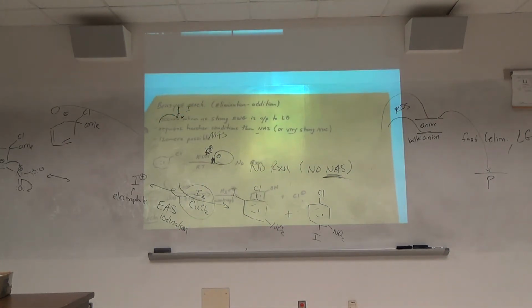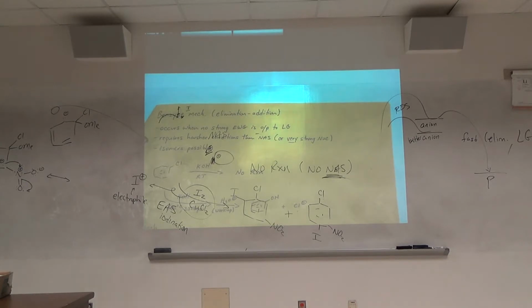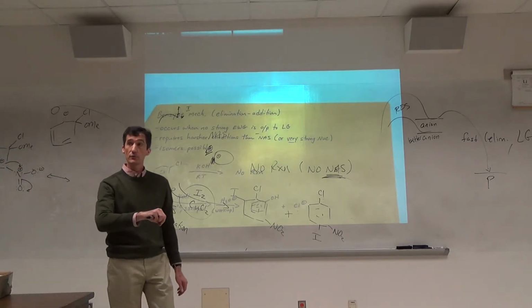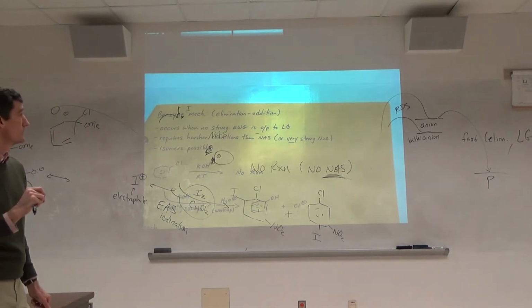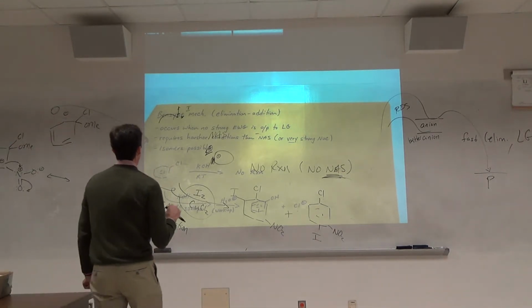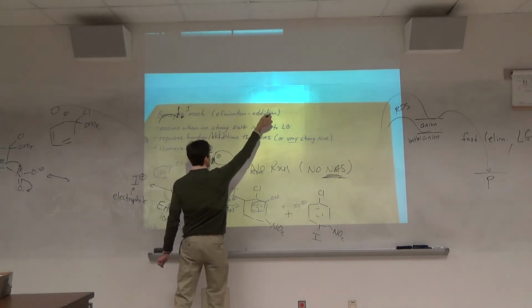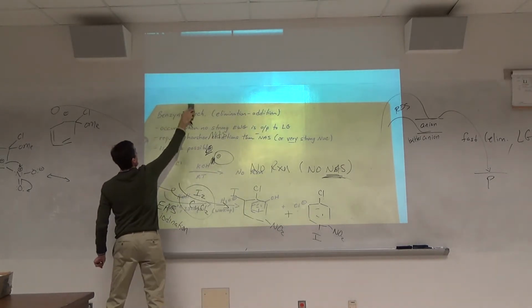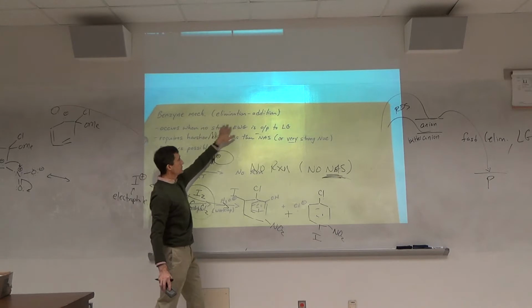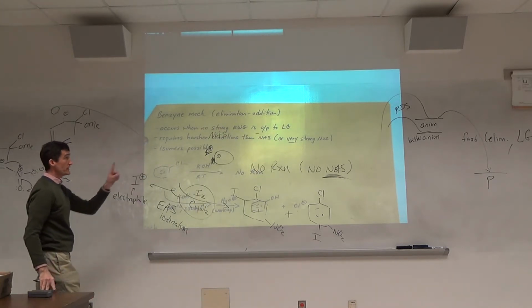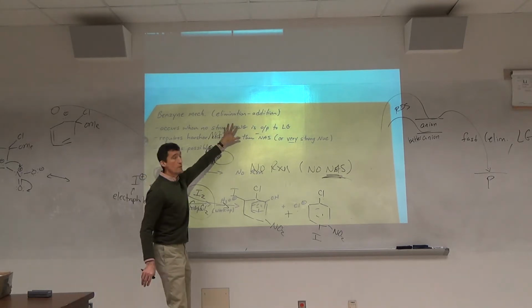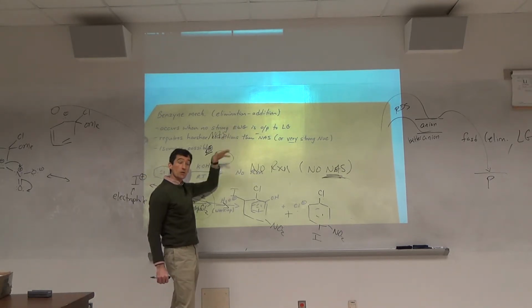Okay, the benzyne. Benzyne is another way to substitute a leaving group off of a ring, but it isn't NAS. We're going to call it elimination addition. It occurs when there's no strong electron withdrawing group ortho or para to the leaving group, because if there is an electron withdrawing group ortho or para, you're going to do your NAS.